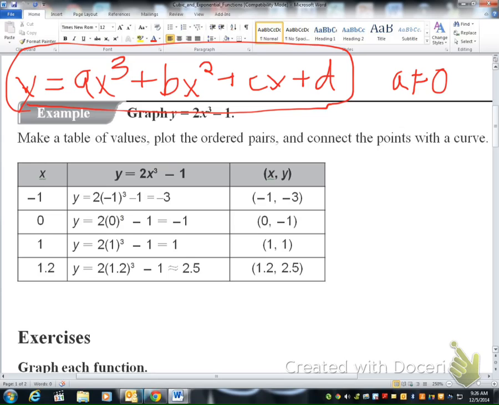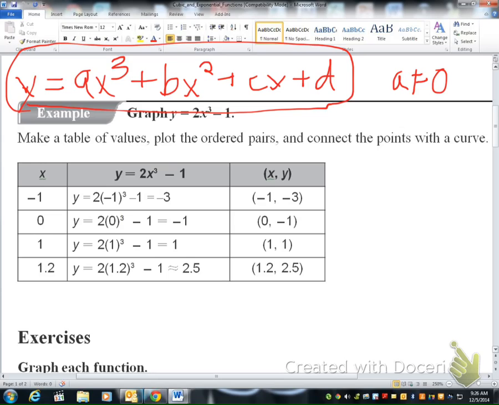Okay, right. Just like when we were looking at quadratic and I told you the basic form for a quadratic is ax squared plus bx plus c, but every one that we looked at didn't have that bx term. Same thing with cubic. Cubic can become very complicated, but we're going to look at the very basic forms of cubics, which means that we're going to look at ones that have an x cubed term.